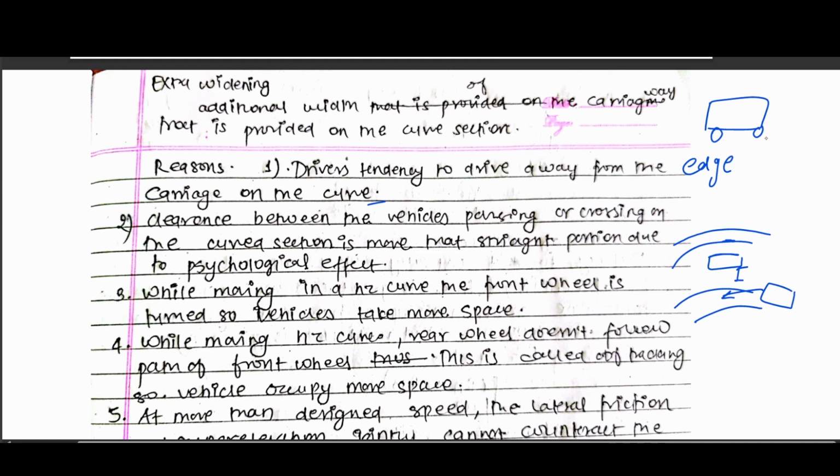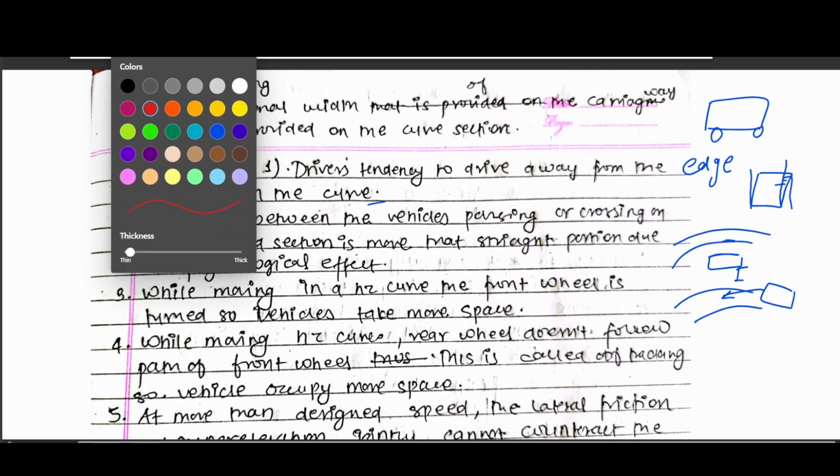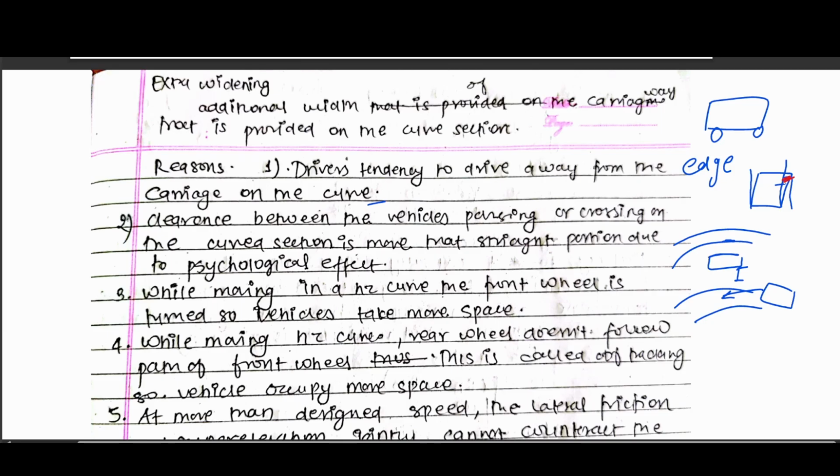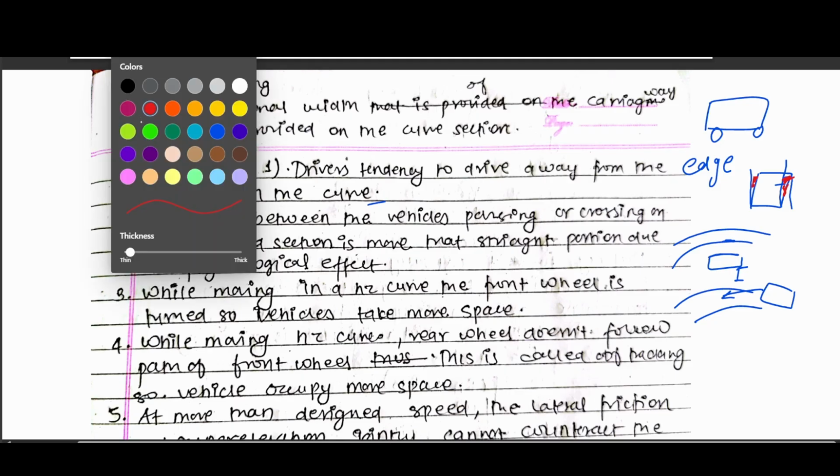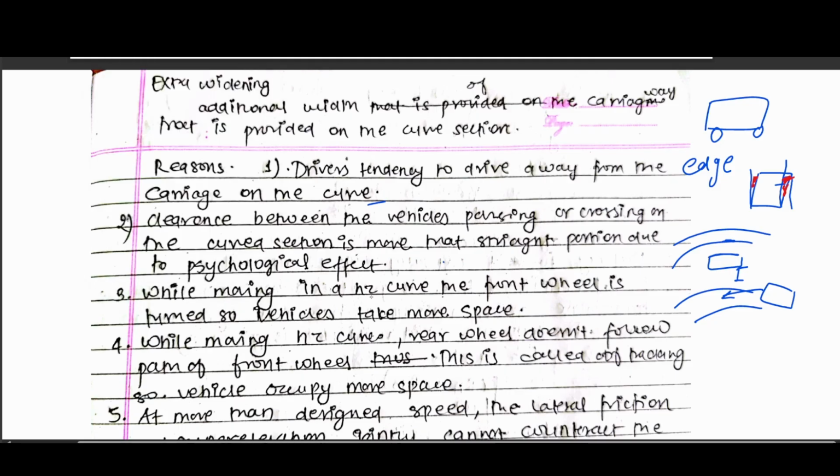So if the vehicle is turned like this, the actual space occupied is only this, but while turning, this additional space will also be occupied by the vehicle. Look here, this is the additional width occupied by the vehicle. So for this additional width we provide the extra widening.